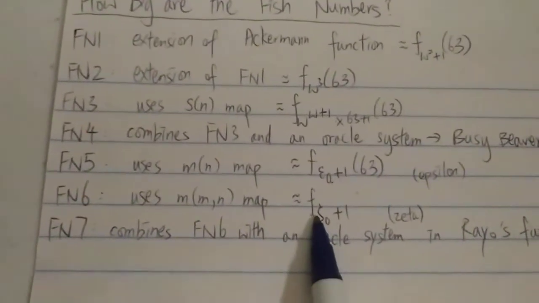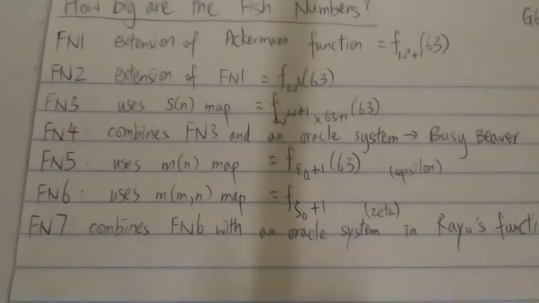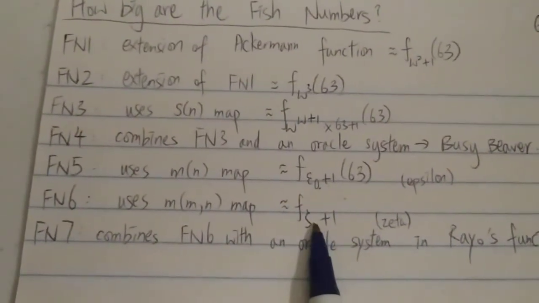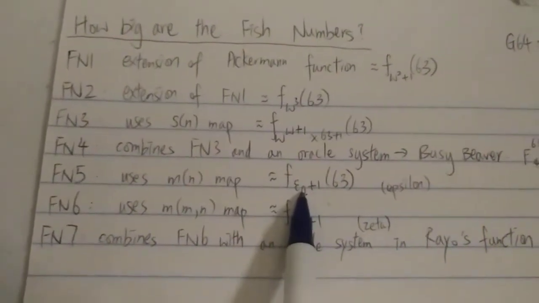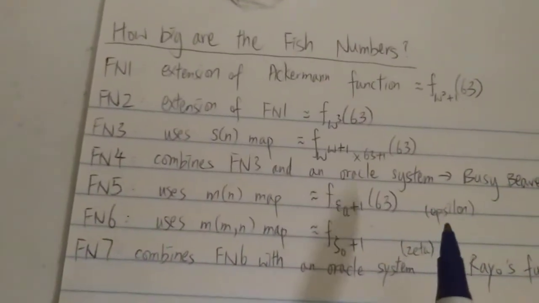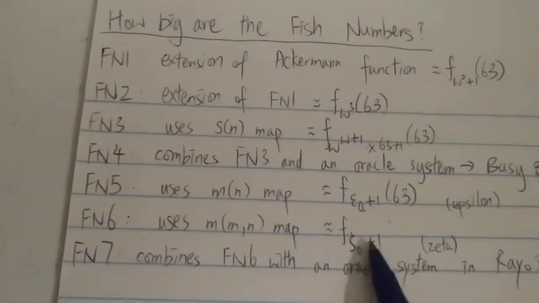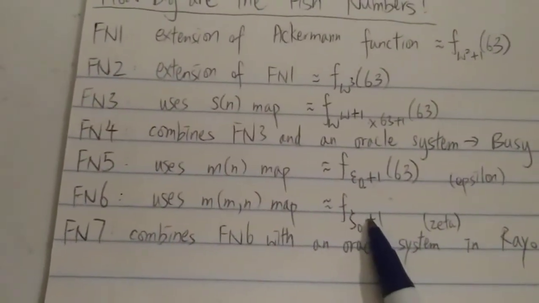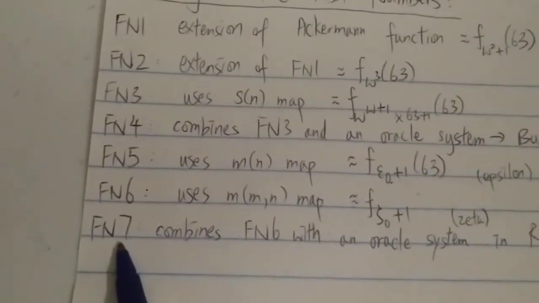And its size is around f of zeta plus 163. And the zeta basically, again, is much stronger than the epsilon ordinal. So this one, fish number 6, is again much bigger than fish number 5, but this is still much smaller than 3. And then the last one is fish number 7.